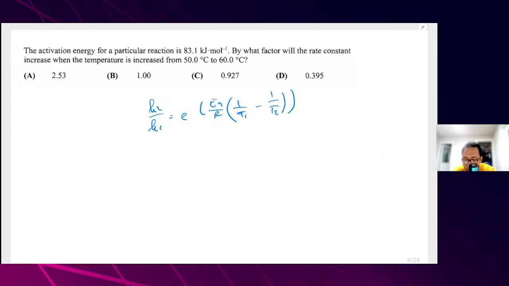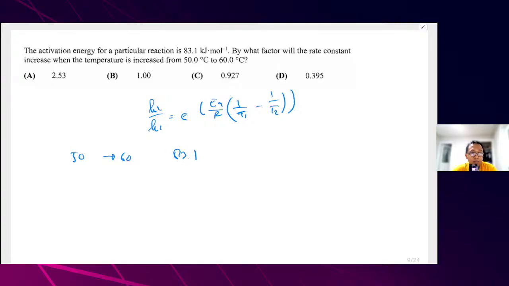This is the equation. However, if we don't remember the equation, we can do reasoning without math. Temperature goes from 50 to 60, and the activation energy is 83.1.